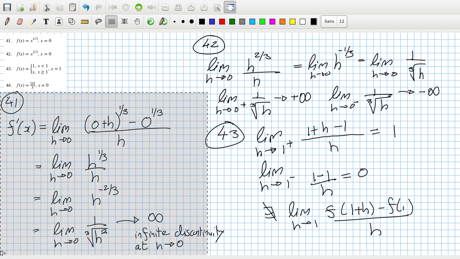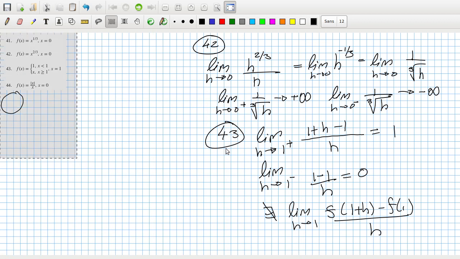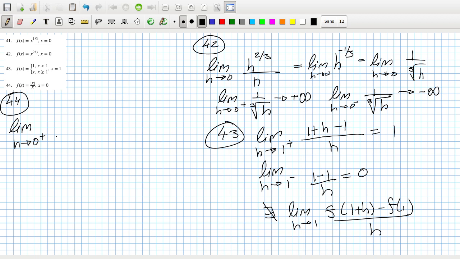Okay, let's have a look now at the last one here, 44. Again, I think it's going to be the same problem. The left and right limits aren't defined. So the limit as h tends to 0 from the right, that'll be positive 1 minus, and then oh, it's not even defined actually at 0.